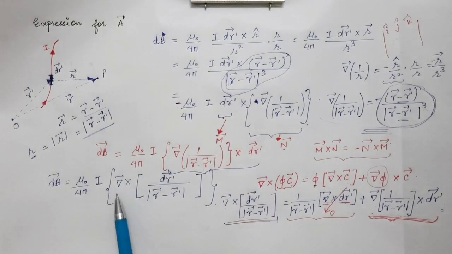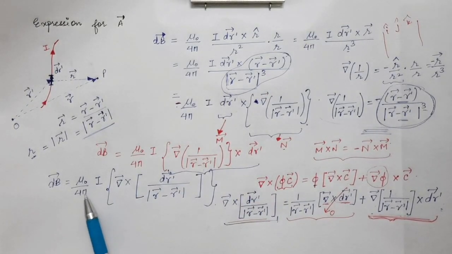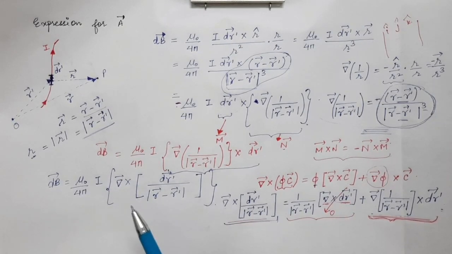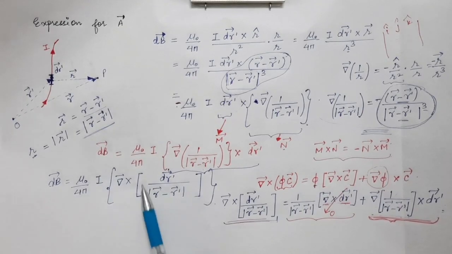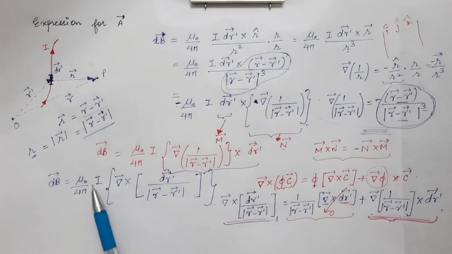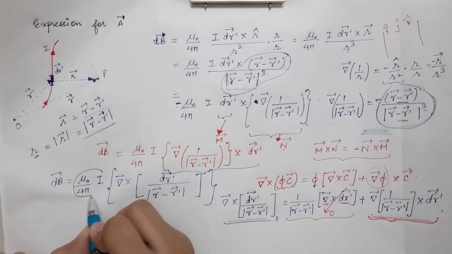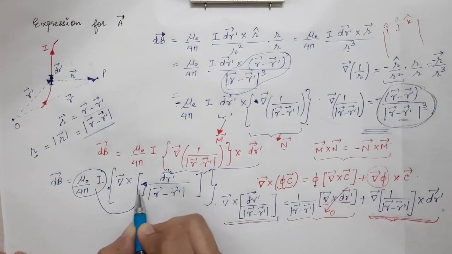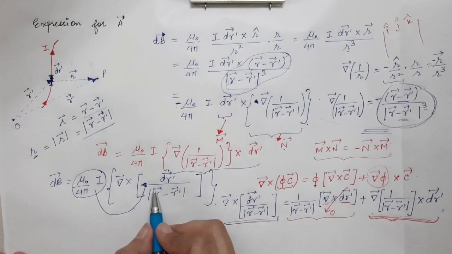Now outside these curly brackets I have mu naught divided by 4 pi times the current, and these are constant things. So these can be either taken outside the curly brackets or they can be taken inside. There will be no difference, because constant terms can be taken outside or taken with this term. So I am going to take these terms inside this curl, because this is a constant term, so it will make no difference.